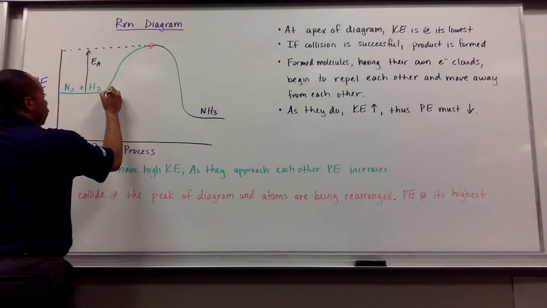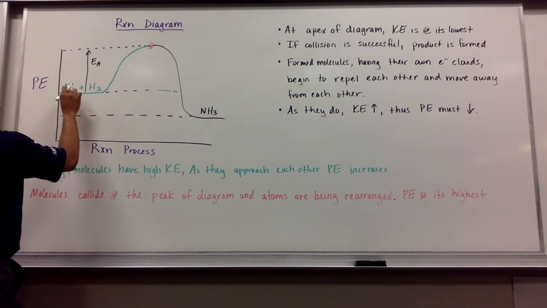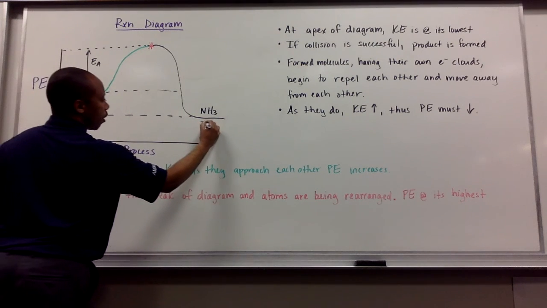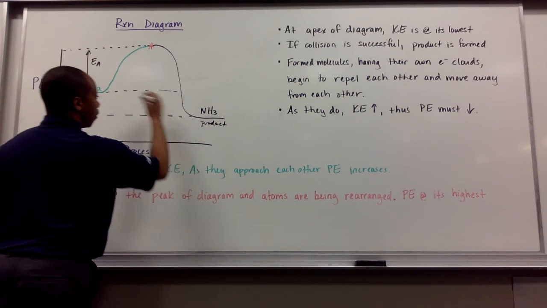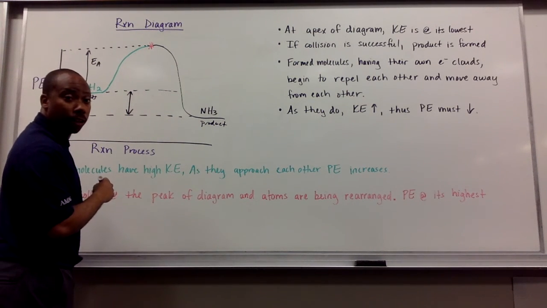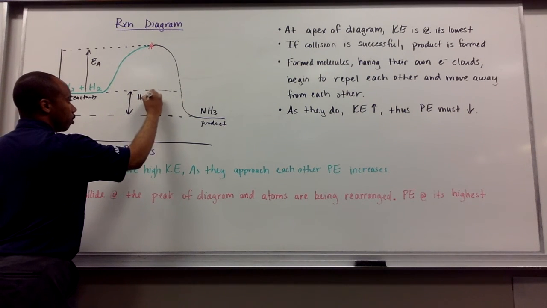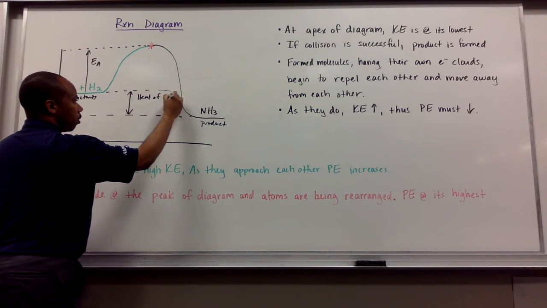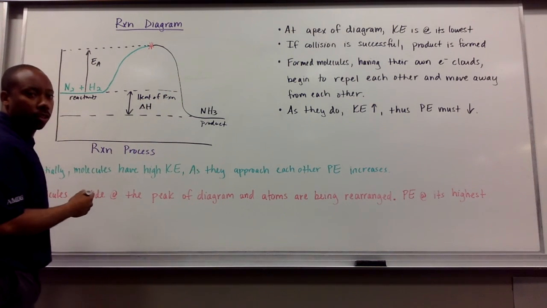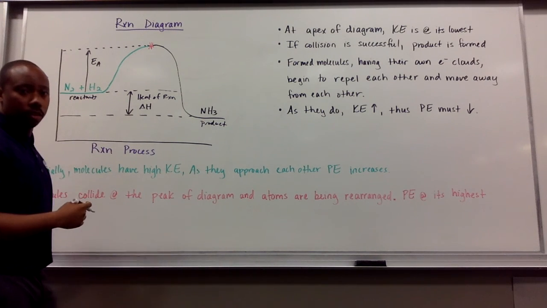And the space in between my reactants and my products, in our last video, we defined that as your enthalpy of reaction or your heat of reaction, oftentimes given by the symbol delta H. That's the change of heat from reactants to products.